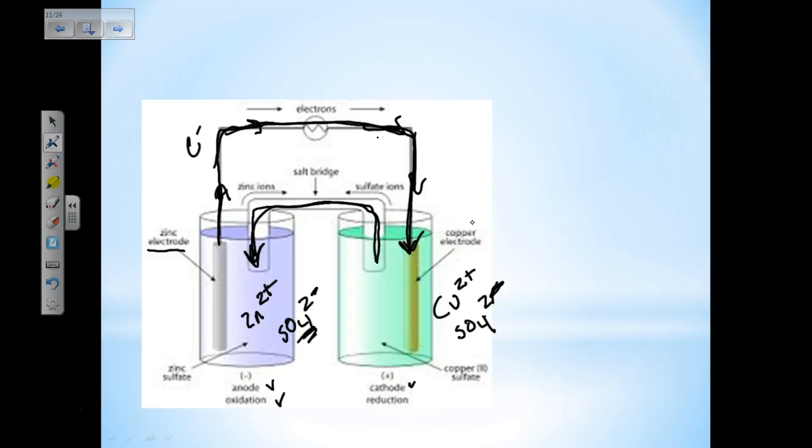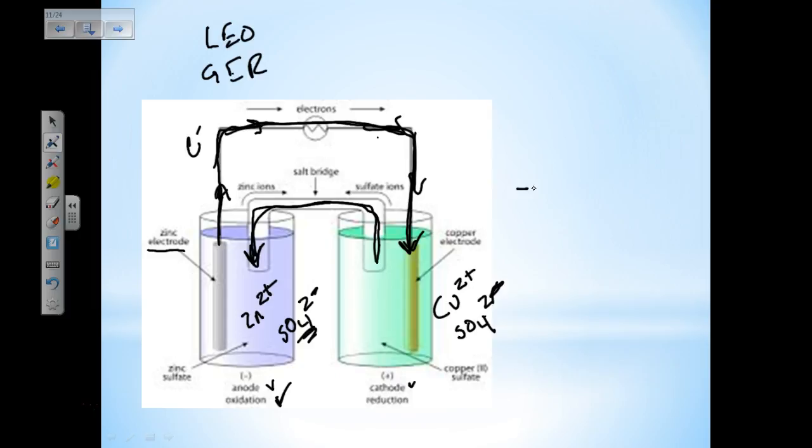Let's talk a little bit more about what's going on. From this, we can determine what's happening in the cell or the pile. We have zinc being oxidized. Remember LEO the lion goes GER: losing electrons, oxidation.